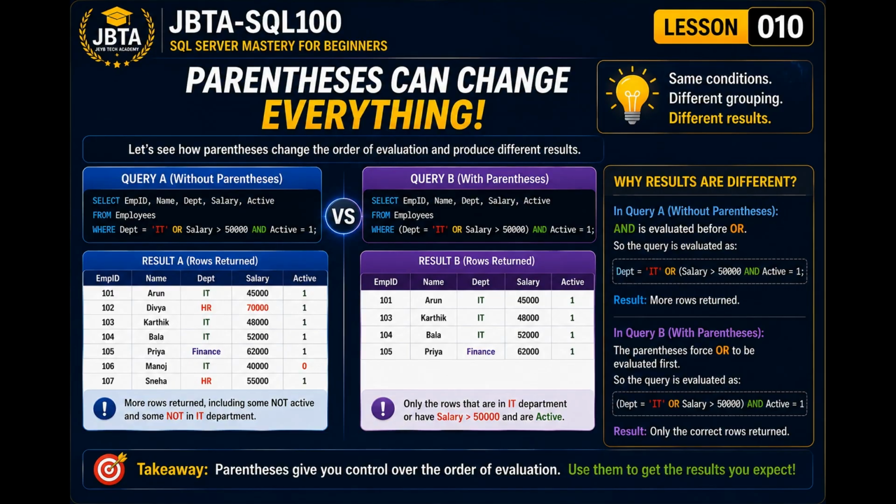As your SQL queries become more complex, using parentheses becomes a good programming habit. It improves readability, reduces mistakes, and makes your SQL code much easier to maintain. Always remember this simple rule. When in doubt, use parentheses to make your logic clear.